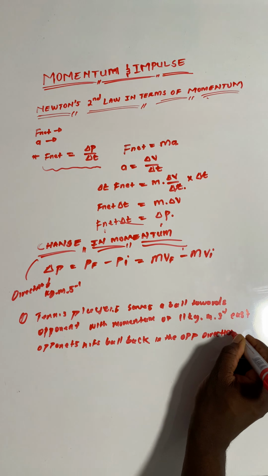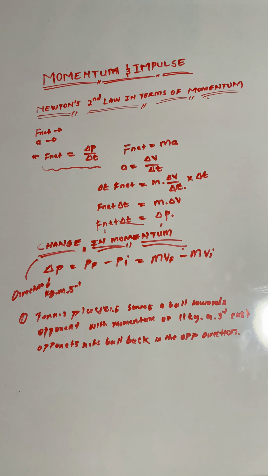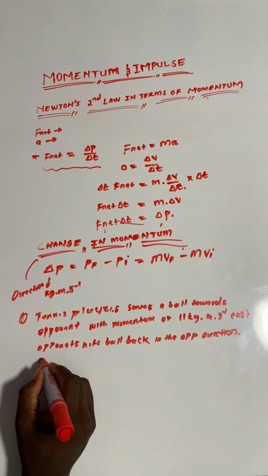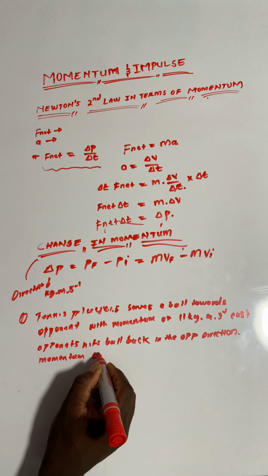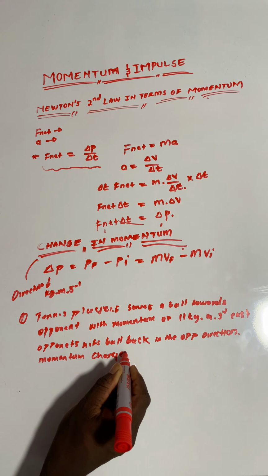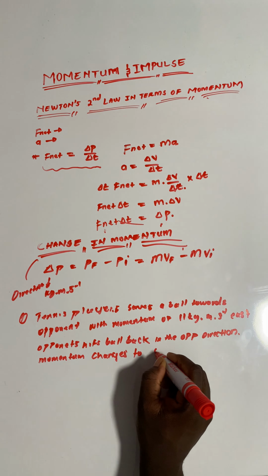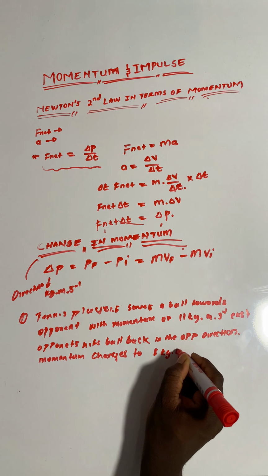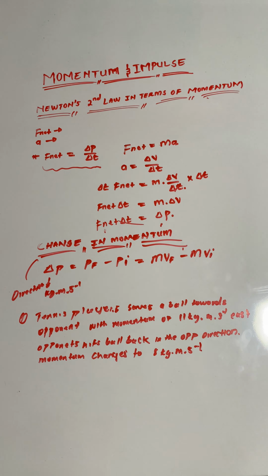So you see now we are changing direction. In the opposite direction, and the momentum of the ball changes too. So momentum changes to 8 kilograms per meters per second, right? So now the question would be: calculate the change in momentum of the ball.